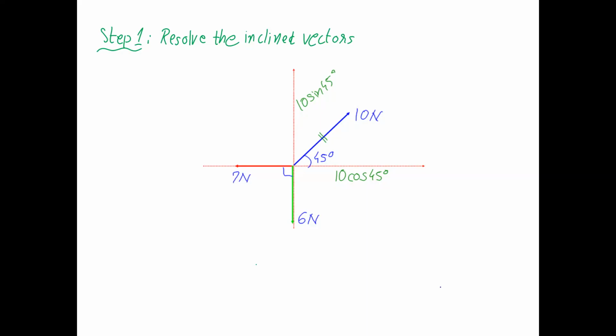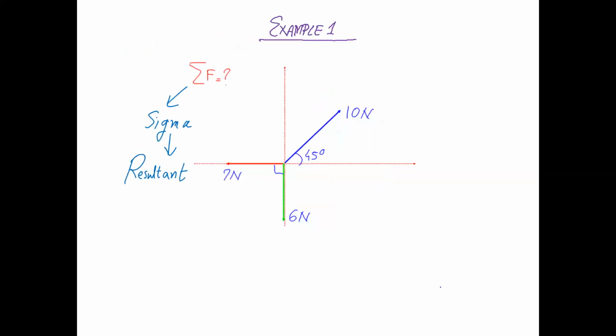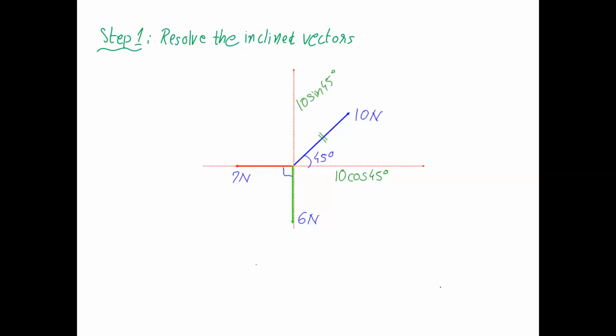Now, what is the next step? This is our step number 1. So look at the notes. What is step number 2? It is to separately find the algebraic sum of x and y components.